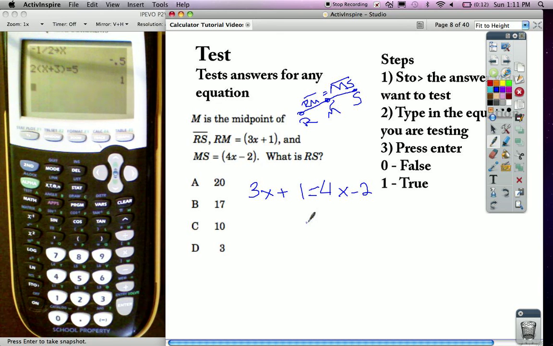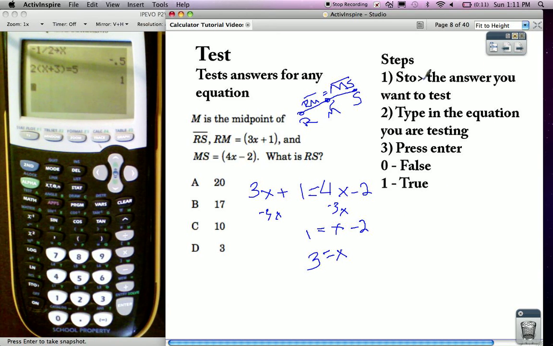Hopefully you paused there. So I'm going to take 3x away from both sides, giving me x minus 2 equals 1. I add 2 to both sides, giving me x equals 3. So I'm going to follow the steps that I used to test an answer.